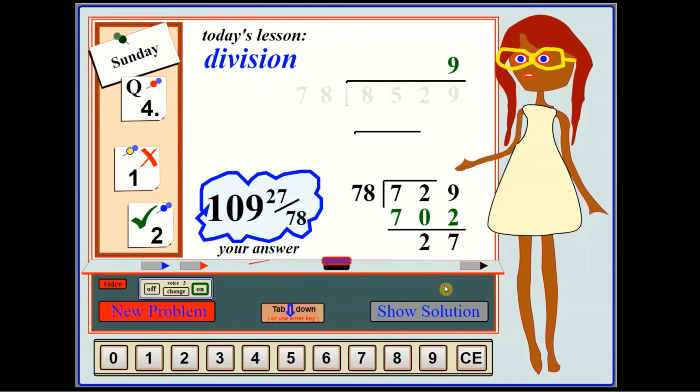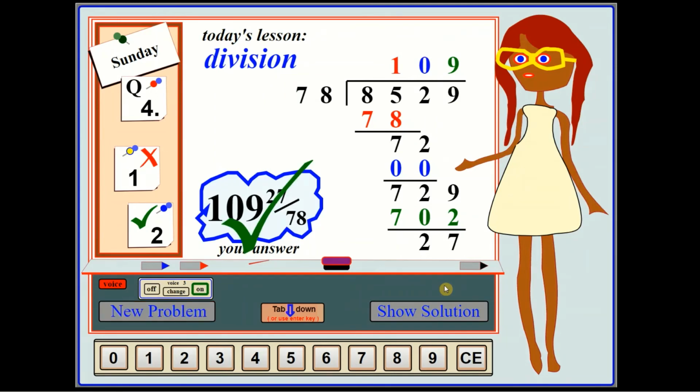Our final subtraction leads to the number 27, which is called the remainder. It is written as the top of the fraction in the final answer. Our complete working looks like this. Your answer is correct. Well done.